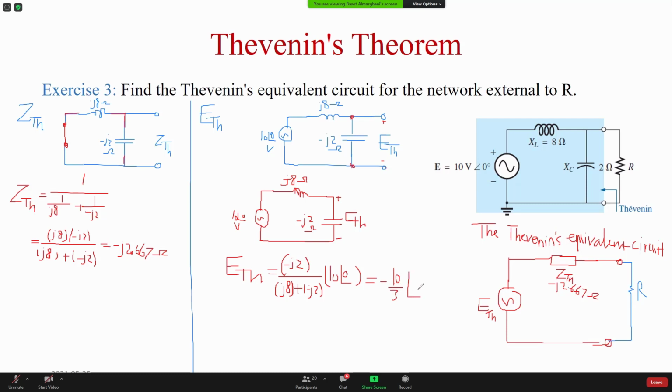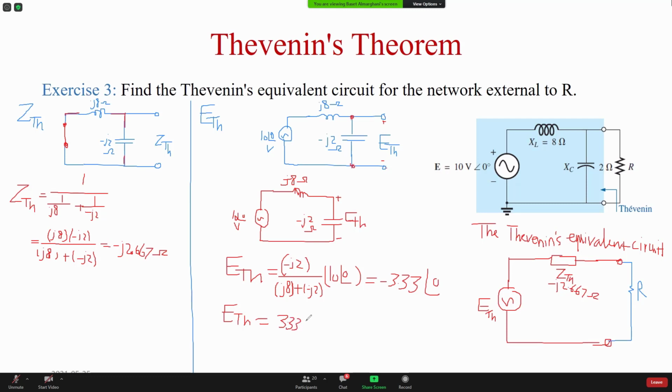Let me write it 3.3, maybe better. If you put it in your calculator, now minus means 180 degrees, so I can say E Thevenin in another way equal to 3.33.